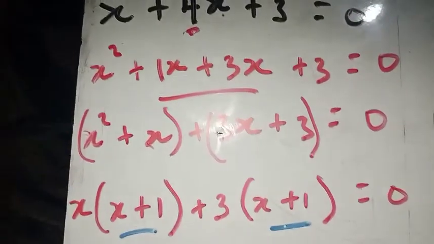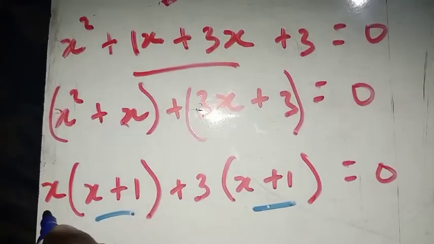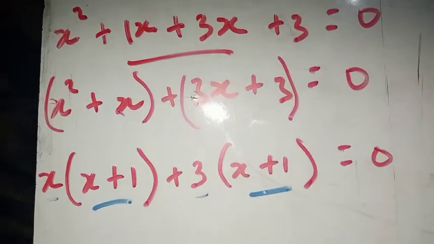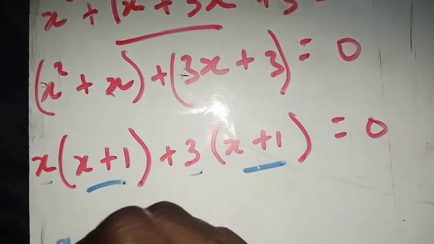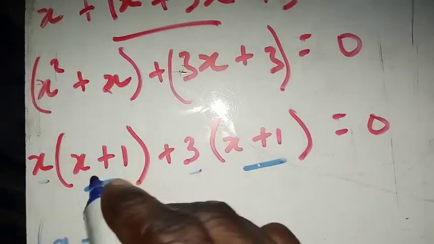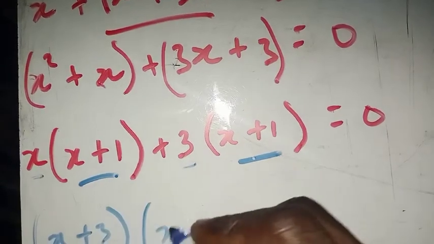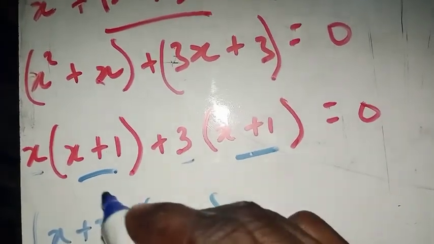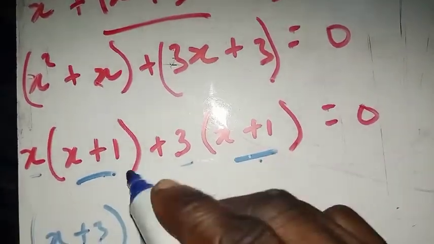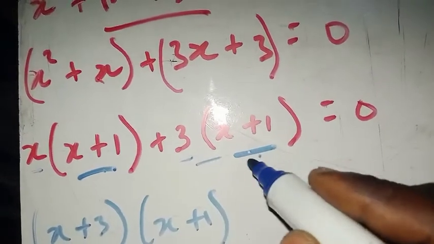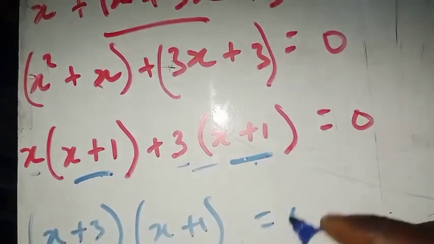So what are we going to do here? Our next step is to group this one and this one into one bracket. So you have the x and the plus 3 in one bracket, and then we repeat one of these brackets, that is the x plus 1. That is the reason why these two have to be the same, so that you can group them into only one bracket, so everything is equal to 0.